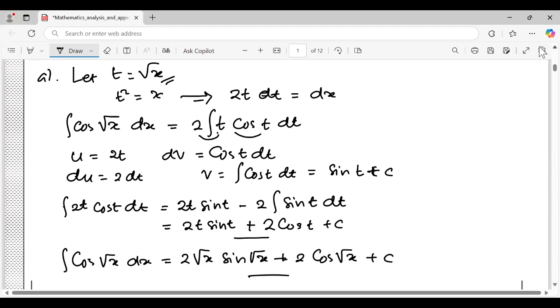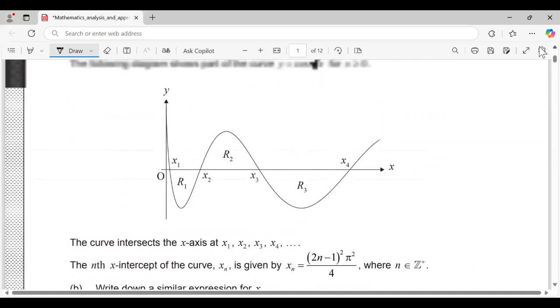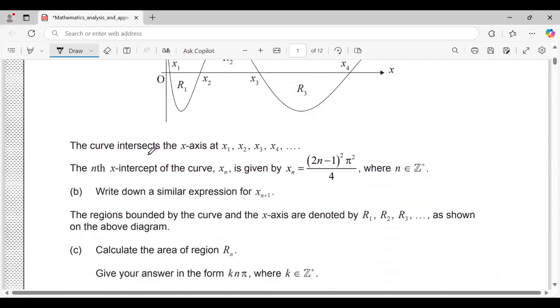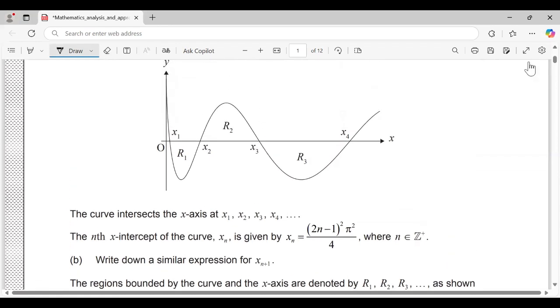Next question, B. The following diagram shows part of the curve y equals cosine square root x for x greater than 0. It's a diagram. The curve intersects the x-axis at x1, x2, x3, and x4.